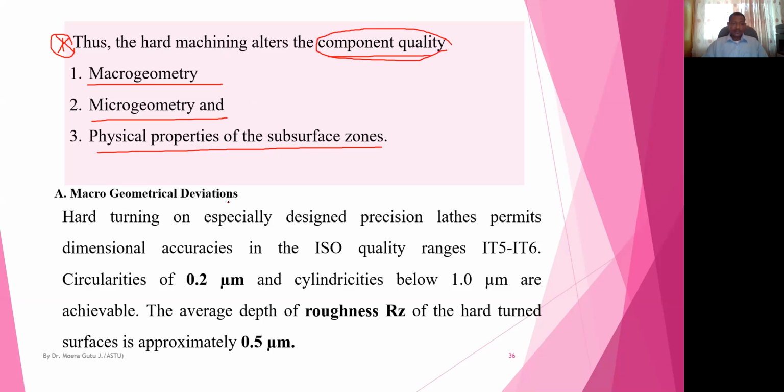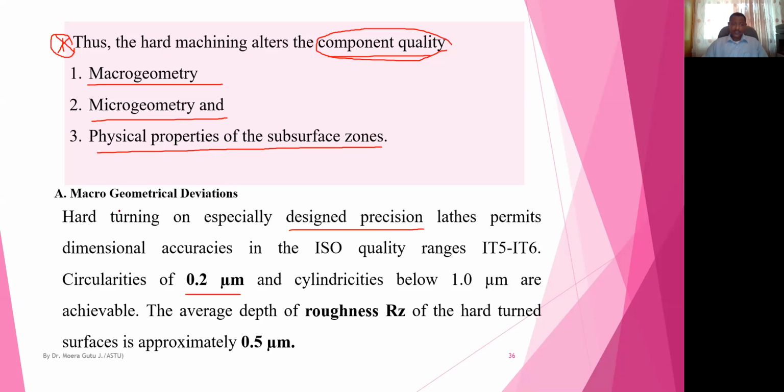Regarding microgeometrical deviations, hard turning on specially designed high precision machines permits dimensional accuracy in the ISO quality ranges IT5 up to IT6. Okay, hard turning falls into ISO quality standards. Circularities of 0.2 micrometer are achievable.